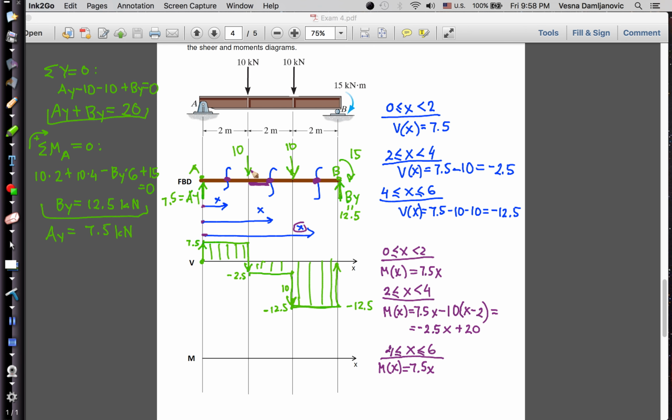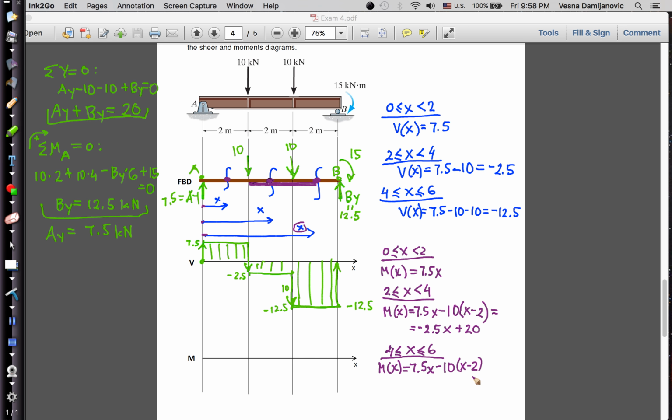This force here has a moment around this point of 10 times this distance. How much is that distance? It's going to be x minus this bit, which is 2. So it's again minus 10(x minus 2).